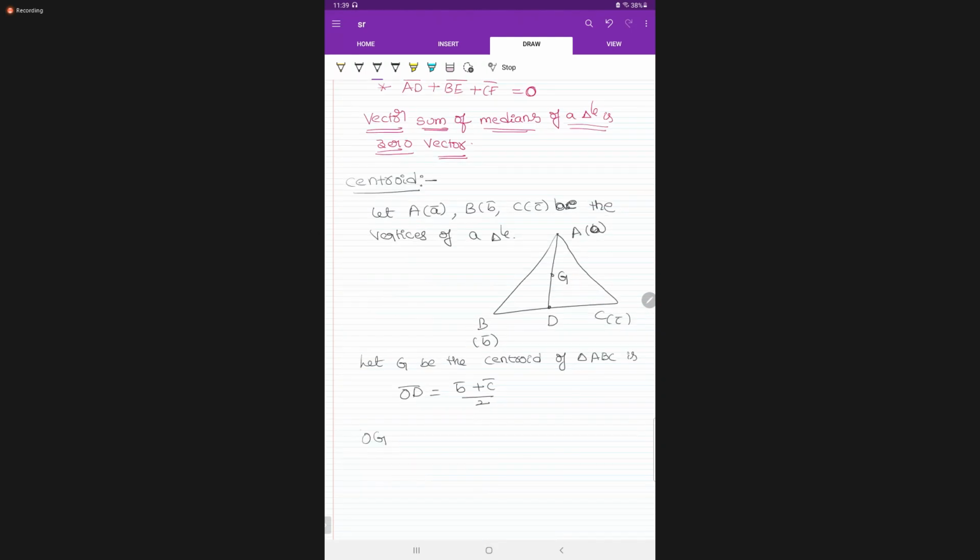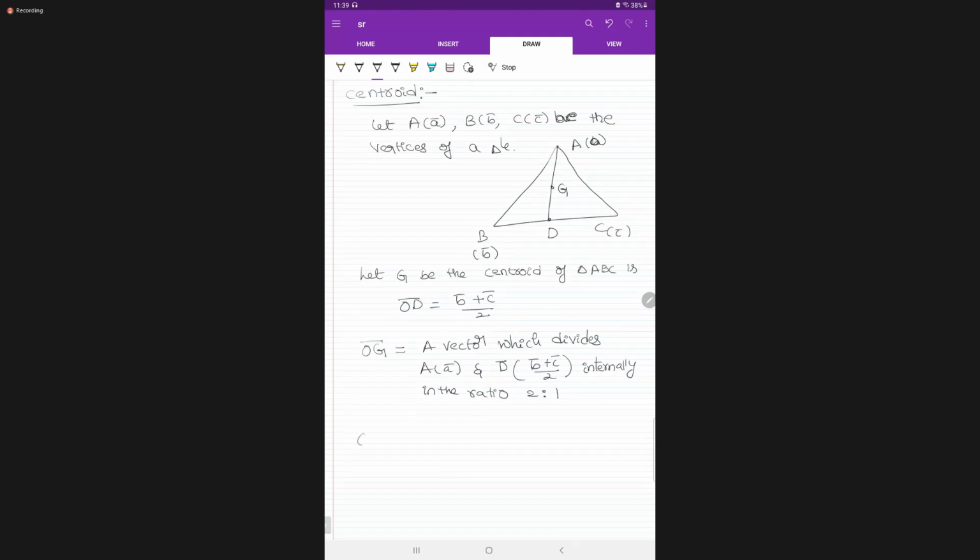OG bar is equal to a vector which divides A bar and D, the point B bar plus C bar by 2, internally in the ratio 2:1.